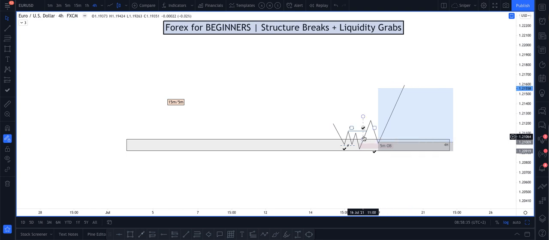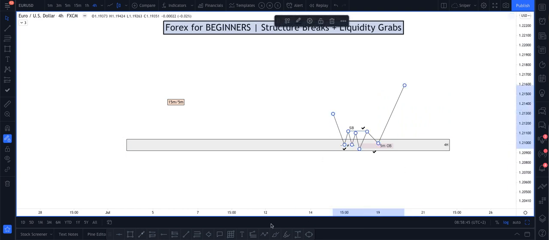If price did not break towards the upside, if this happened, then I would not look for a trade in this area. Then perhaps we should rather be looking for shorts, because now this is very key. Then this could potentially be the liquidity.